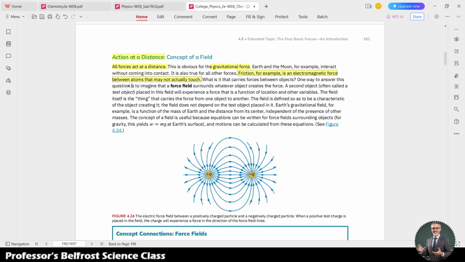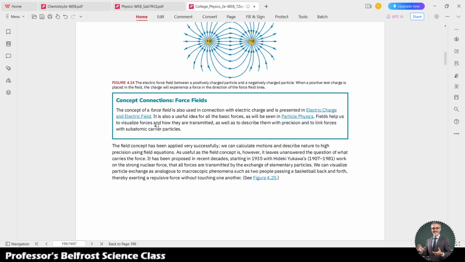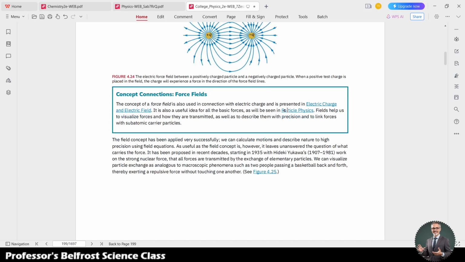One way to answer this is to imagine that a force field surrounds whatever object creates the force. The second object, the test object, placed in the field will experience a force that is a function of location and other variables. The concept of force field is also used in connection with electric charge, and it will be discussed later.